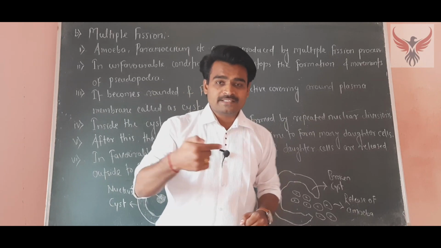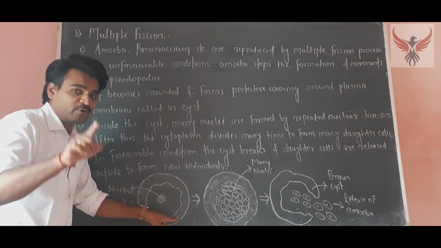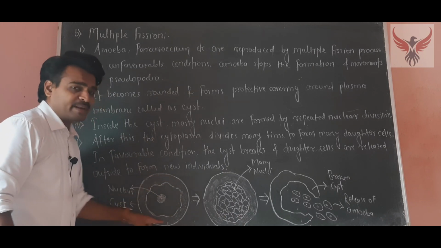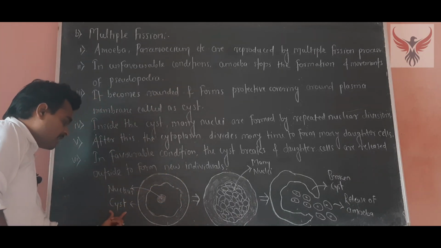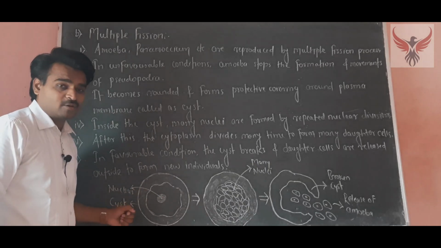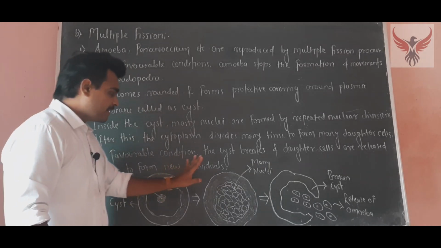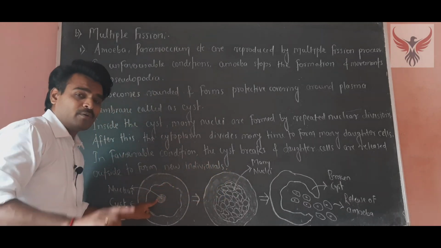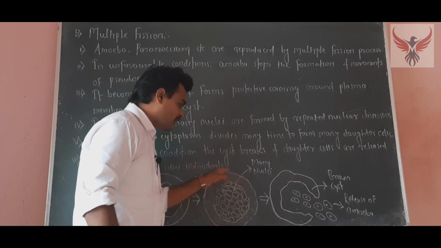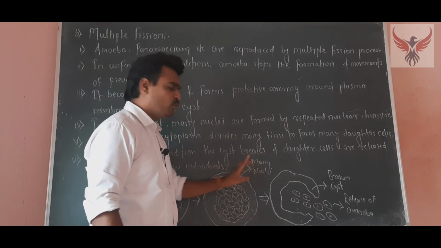You can see the diagram here: in unfavorable conditions, it forms a hard covering around the plasma membrane called a cyst. This is the labeling, cyst, and a single nucleus is present at the center of the amoeba. After that, the single nucleus undergoes repeated nuclear division, resulting in many nuclei. You can see the labeling here, many nuclei.